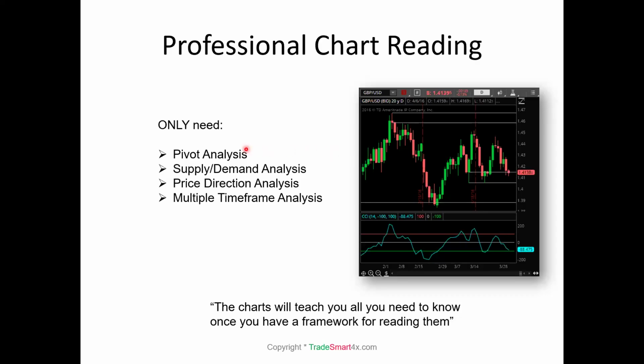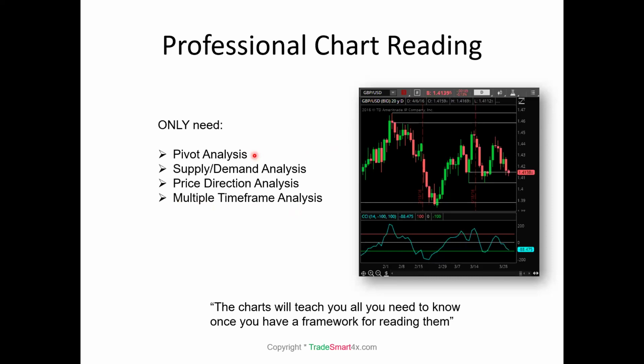So this is what I discovered. You only need really 3 things, but there are 4 here, yes. The 4th thing is the dimension of time. We call it multiple time frame analysis. But on each time frame, the only things that you need are pivot analysis, which is our view of the trend.